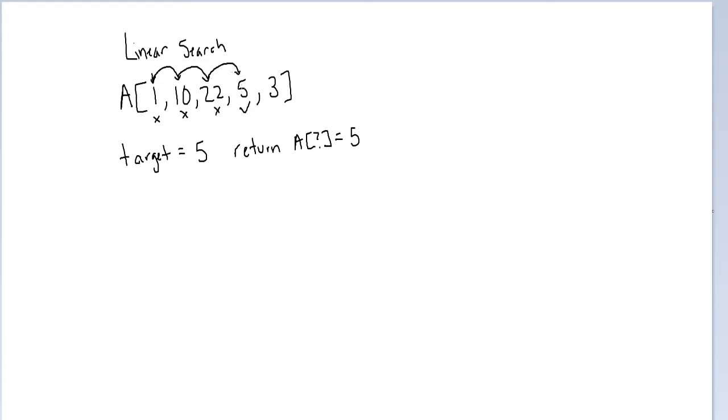Oh, we got a winner, so we return 3, because the index started at 0: 0, 1, 2, 3. So that question mark will become 3, because index 3 is equal to 5.